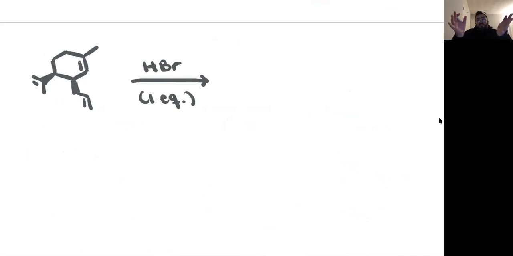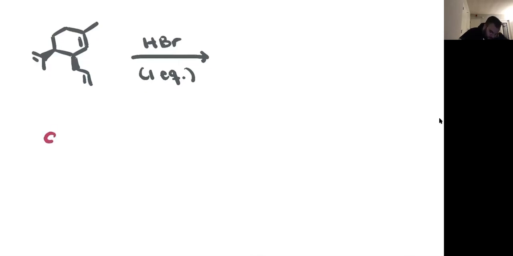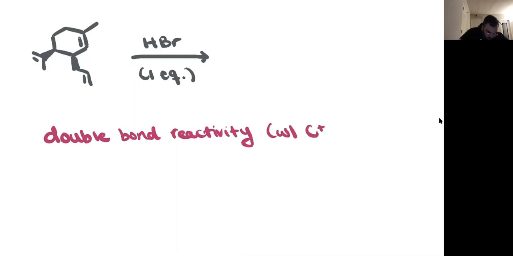All right, so my next question is, if I were to use one equivalent of HBr, where would my first equivalent of HBr add? Cool. So this is where we want to start looking at carbocation stability. All right. So when we're looking at reactivity of double bonds, cool.